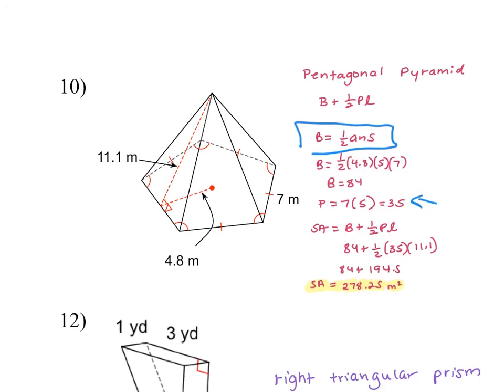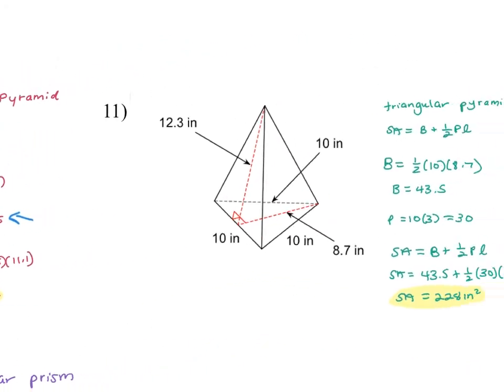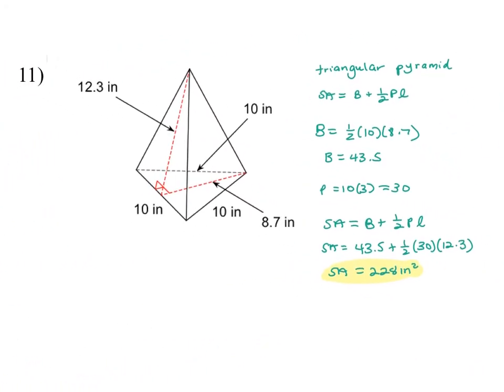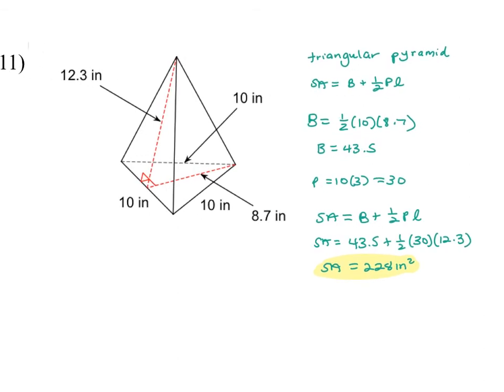Number 11. Here's a triangular pyramid, and again, we can use the formula. All of the sides were 10, which told me that it was regular. So I could find the area of the base, which is 1/2 base times height. So 1/2 10 times 8.7.